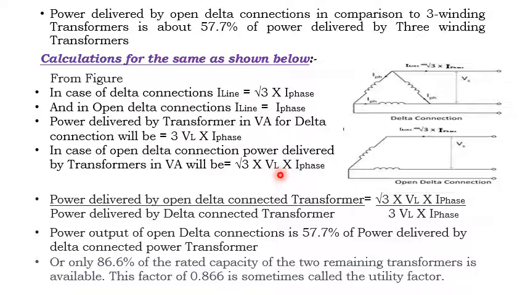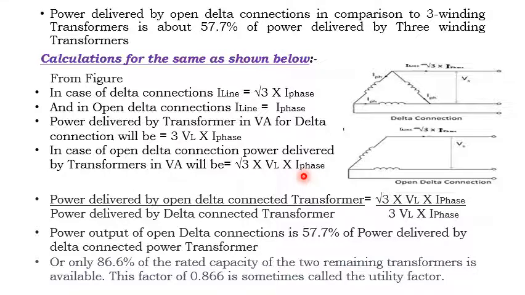How can we show this? Consider both combinations, delta connection and open delta, and write both transformer power delivered. This transformer delivers 3 times VL into I phase, and this open delta transformer delivers root 3 times VL into I phase.